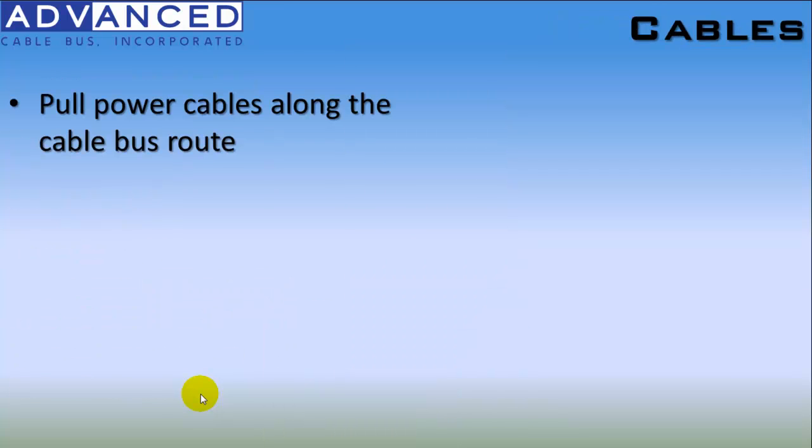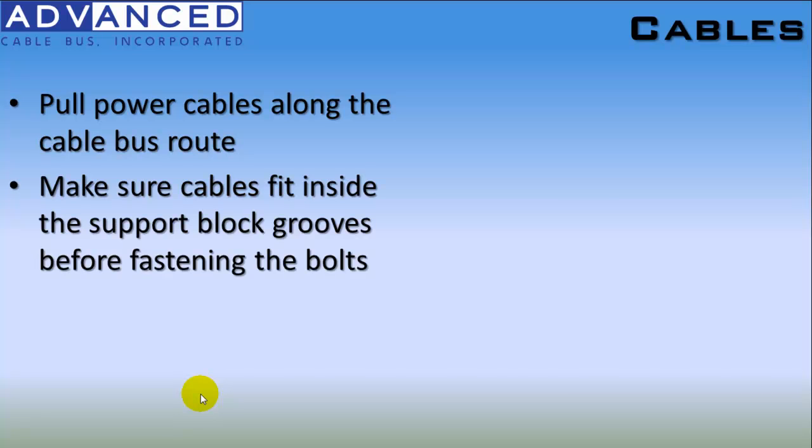For the power cables, you begin by pulling the power cables along the cable bus route. Prior to pulling the cable, you must always make sure that the cables will fit inside the support block grooves before fastening the bolts.